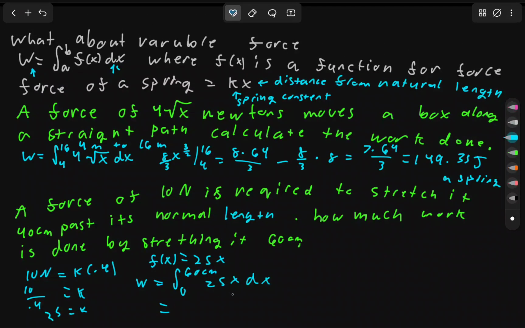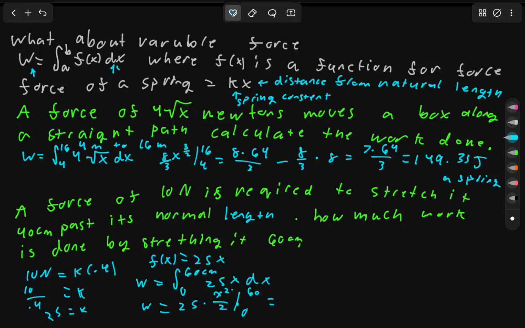Well, whenever evaluating this, we are going to get work is going to be 25 times 60 squared, or suppose I should show you the x's first. So x squared divided by 2, evaluated from 60 to 0.